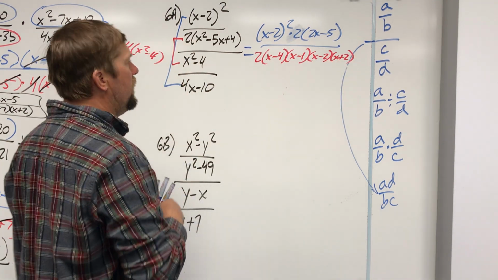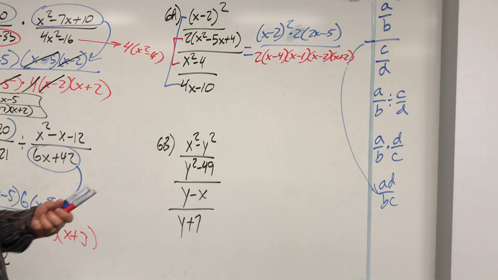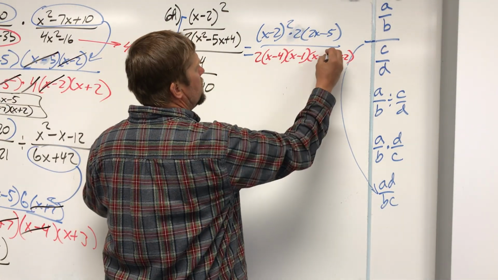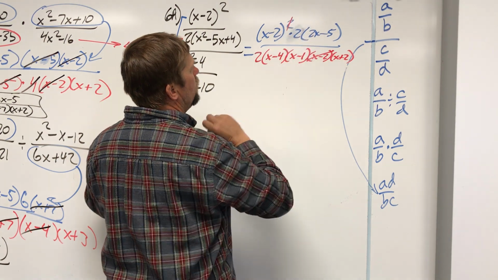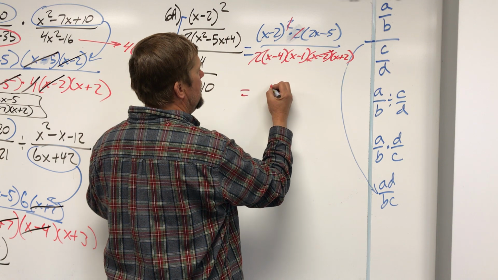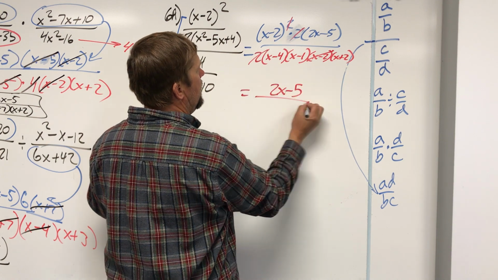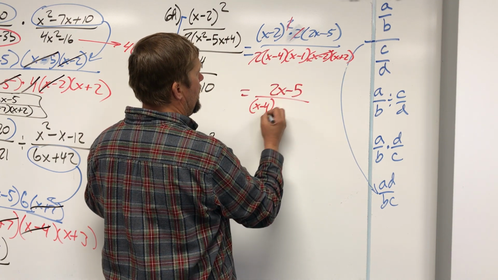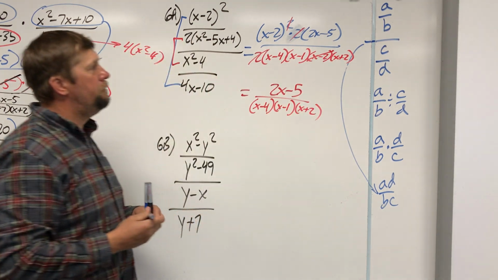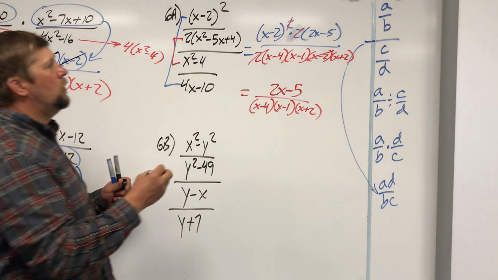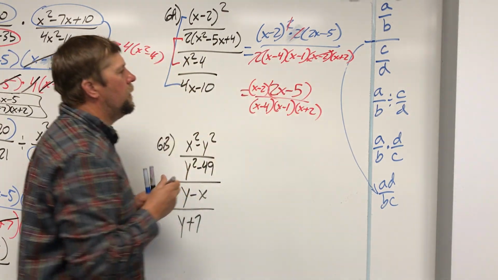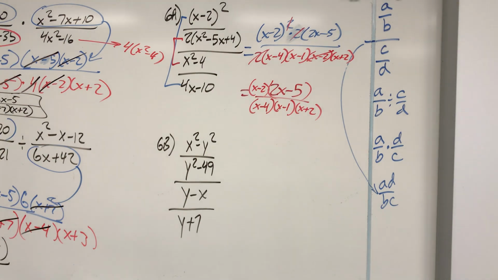Okay, now that we have everything just like we did before, we can cancel out anything so there's 1 x minus 2 here, there's 2 of them there, and the 2's cancel, otherwise everything else stays. And there you go. Oh, I forgot my x minus 2 up top. There you go. That's it.